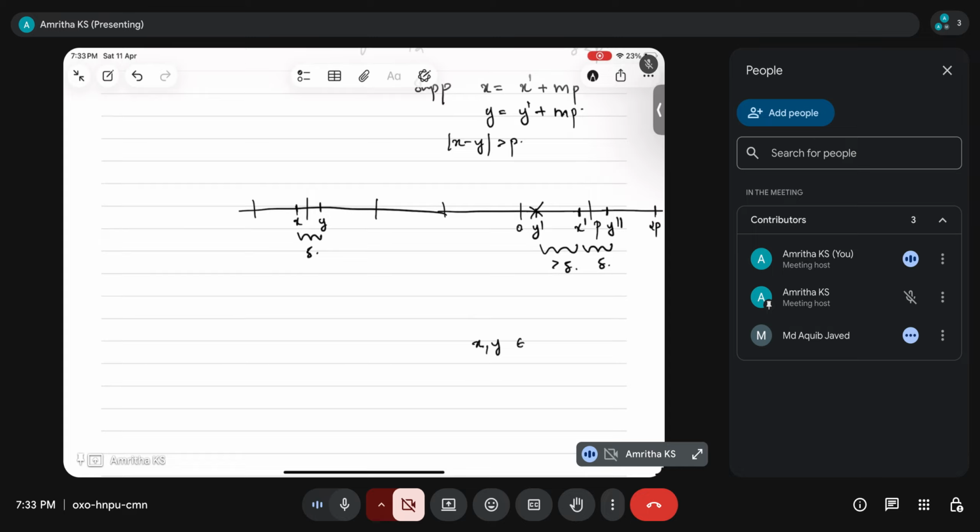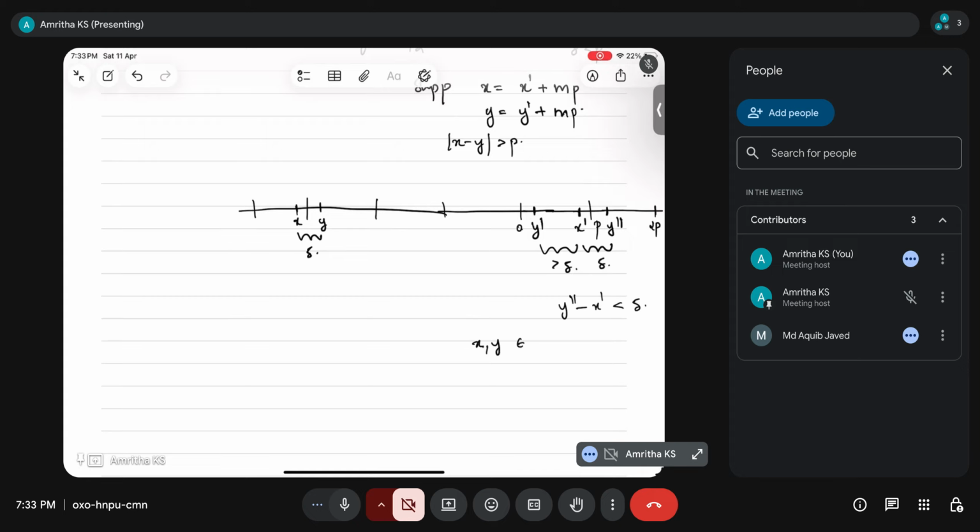First you find y dash inside this interval, that you can do. Then you add p, and you will get y double dash. Then you can see that x dash minus y double dash, or y double dash minus x dash, is less than delta.